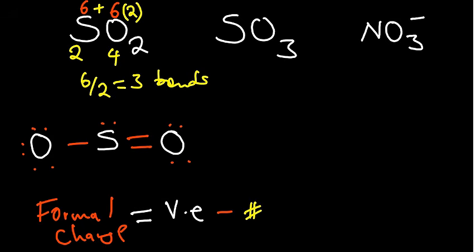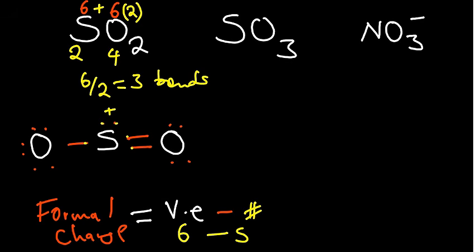Sulfur has 6 valence electrons. Count a bond as a single, so 1, 2, 3, and then the lone pairs counted individually, so 3, 4, 5. So the difference is a positive 1.